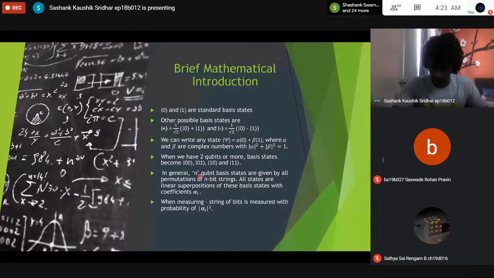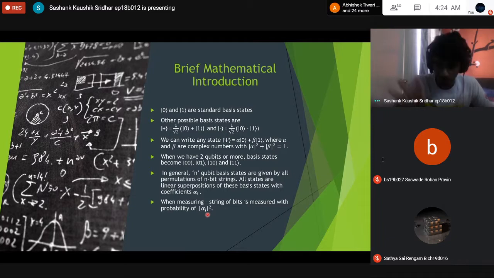This is the starting point in quantum computing itself, since each n-bit system has 2 power n basis states with just as many complex coefficients. Each complex coefficient represents the probability of getting that state when measured. So when you measure, each state is obtained with a probability of mod alpha i square.